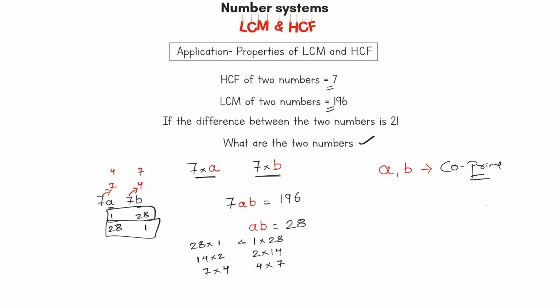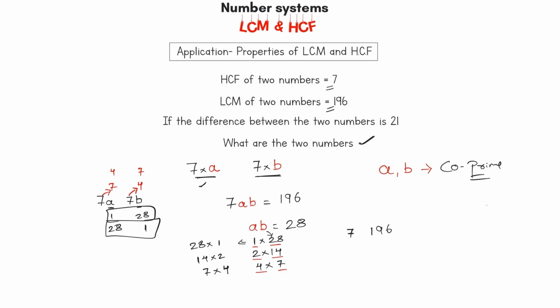So what do I get? This could be the values 1, 28, 2, 14, 4, 7. These are the values that I get. Now let's try and get this. If I say a is 1, one number will be 7 into 1, which is 7. If I say b is 28, 28 into 7 is what? 140 plus 56, 196.